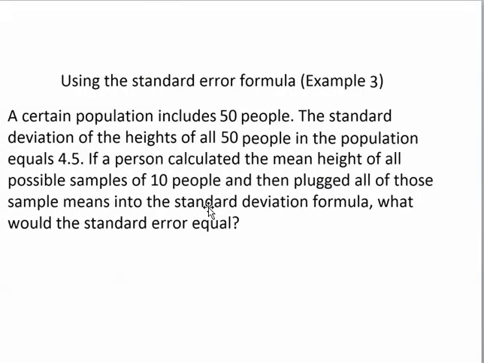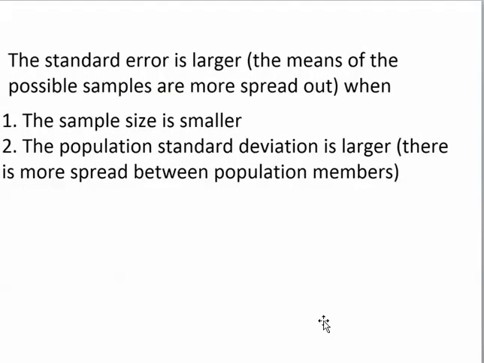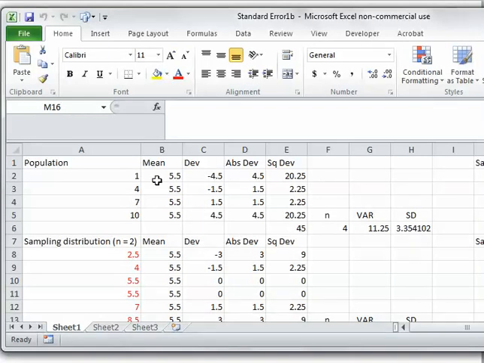So here's an example of what I mean. Here's an example in Excel. I just made up this demonstration. Here we have population members of 1, 4, 7, and 10.